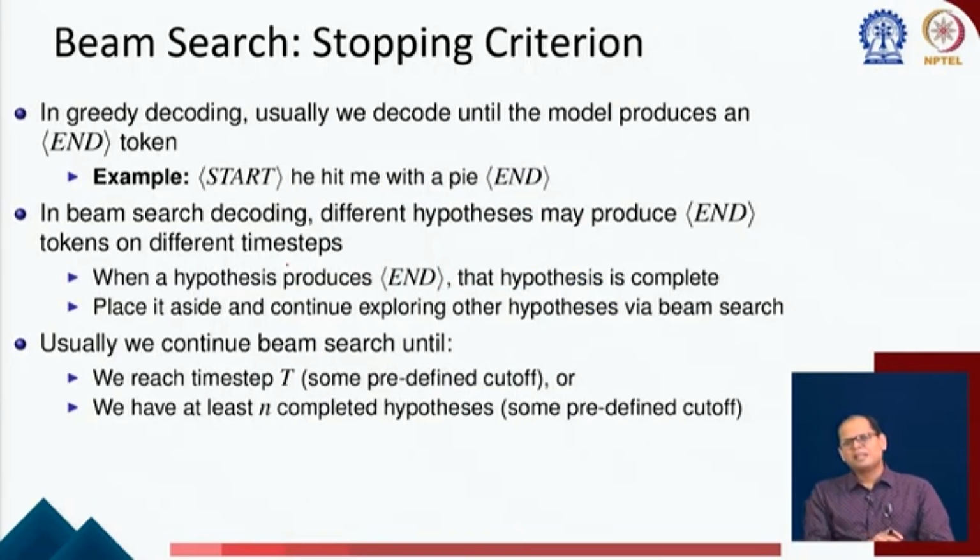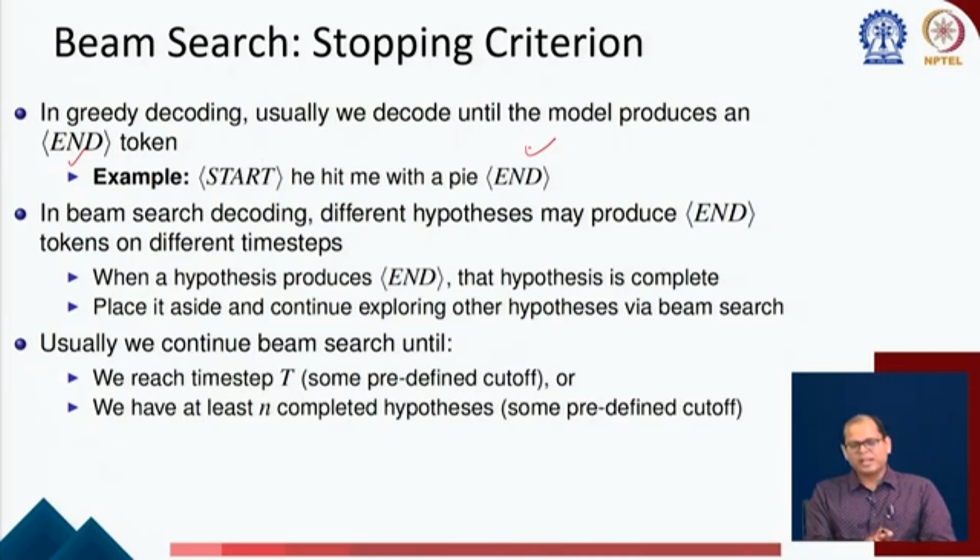Now, a little bit on the stopping criteria, because now you do not have a single highest probability sequence. You may get multiple sequences, some may end before others. So, how do we finally stop beam search? In greedy decoding, usually we decode until the model produces the end token, right. Or you can say if I have completed at most this many words, I will stop.